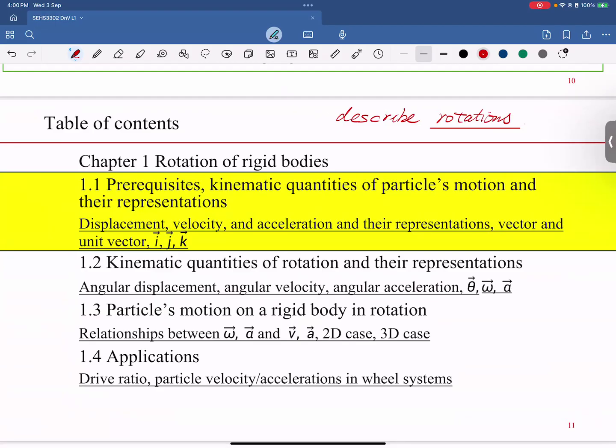Another thing, you get familiar with vectors and vector bases. In Cartesian, we always use I, J, and K, right? Three bases in the X, Y, and Z directions.